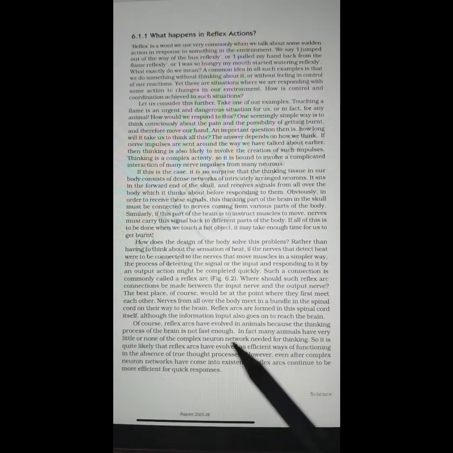In fact, many animals have very little or none of the complex neuron network needed for thinking. So it is quite likely that reflex arcs have evolved as efficient ways of functioning in the absence of true thought processes. However, even after complex neuron networks have come into existence, reflex arcs continue to be more efficient for quick responses.